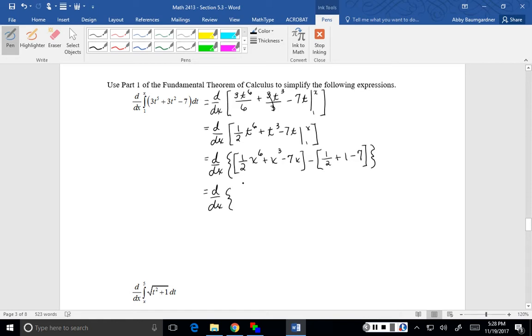And I should get 1/2 x to the 6 plus x cubed minus 7x minus, let's see, this is a half. So I'm figuring these out, right? These three added up should give me a negative 11 halves. So minus a negative 11 halves gives me a positive 11 halves there.